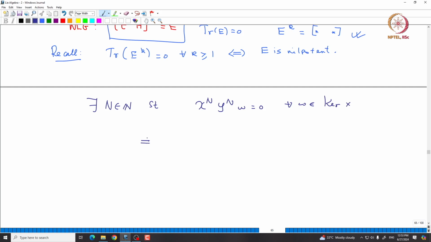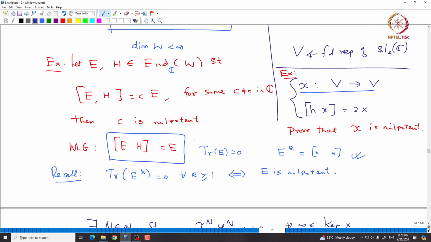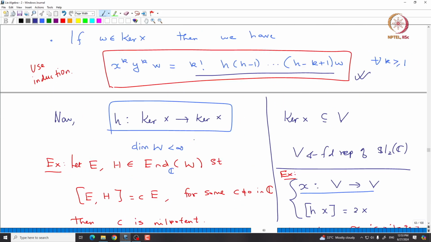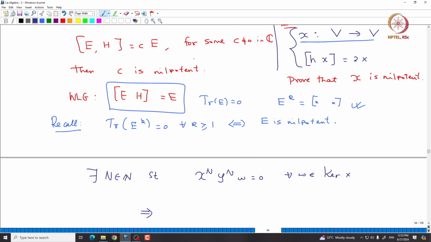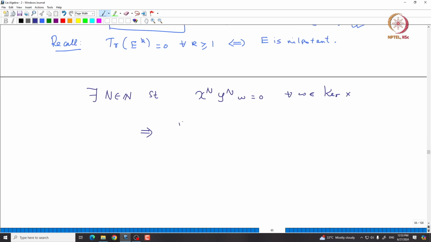Okay. So, that implies that using this formula, the k factorial we can forget, h into h minus 1 etc., h minus n plus 1 applied to w is 0 for all w in kernel x.